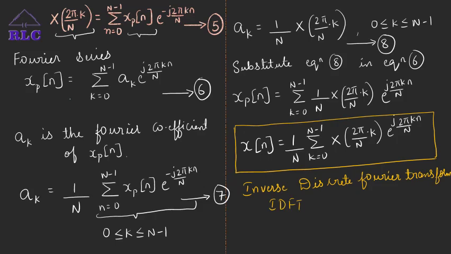It is the inverse discrete Fourier transform, IDFT. This IDFT is nothing but x of n, which is the reconstructed part of the spectrum. X of n is the reconstructed signal from Fourier spectrum.